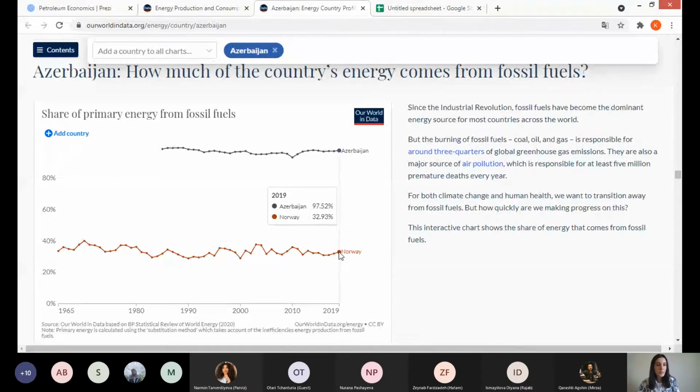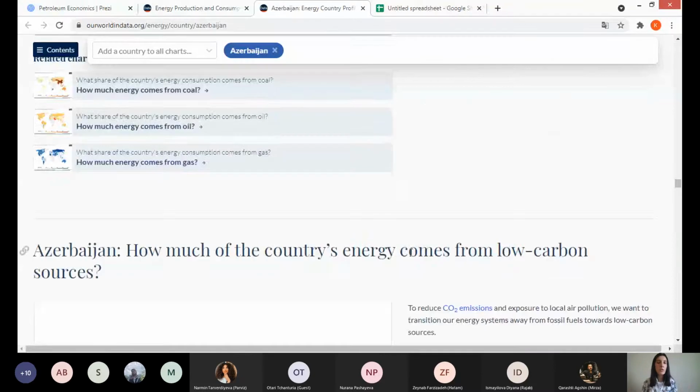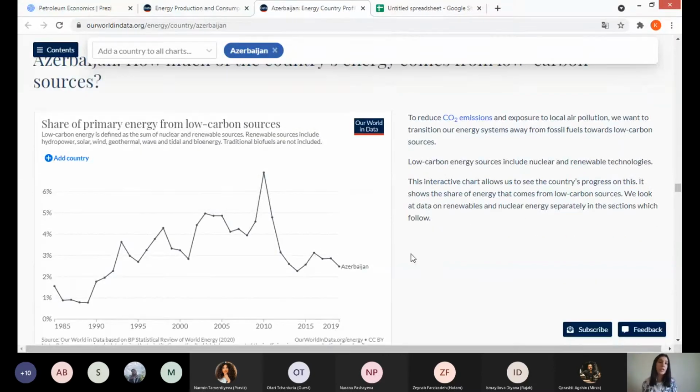So you can see proof here: share of primary energy from low carbon sources. Low carbon sources means nuclear and renewable sources. We don't have nuclear energy, so we talk about renewable sources according to 2019. Here we can see just 2.48% comes from low carbon sources.